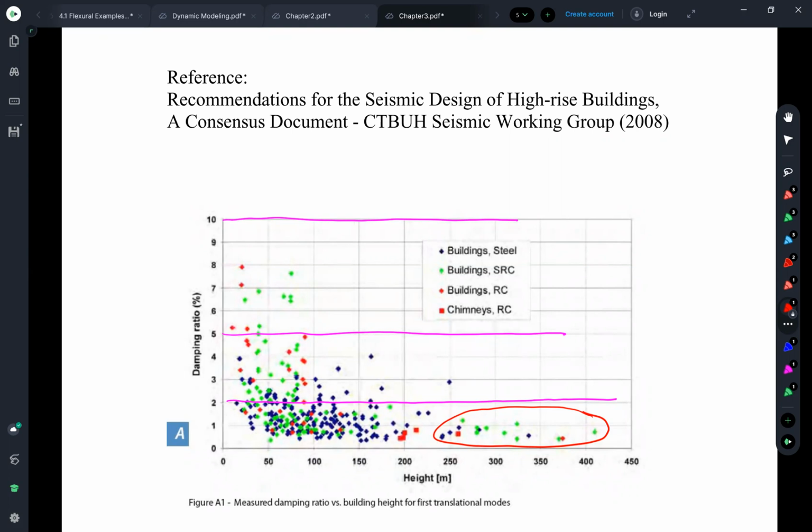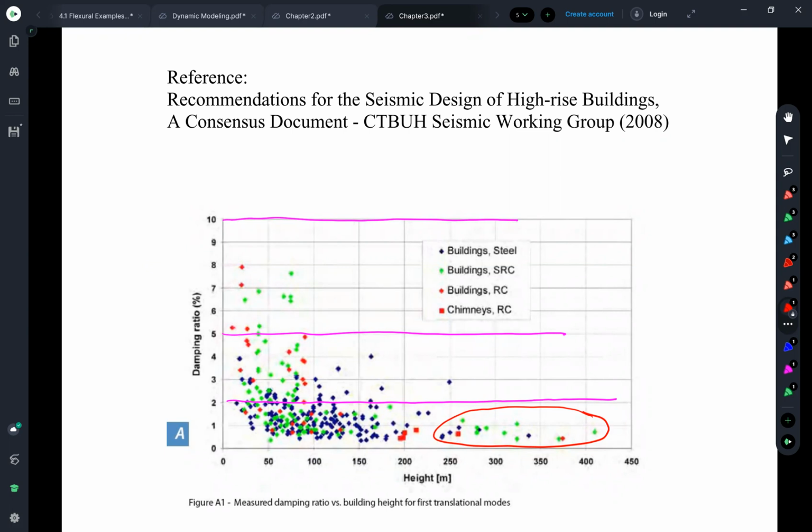The reason behind it is something like this. For the wind, if you're talking about the specific wind, it is small, so the motion of your building is not so large. That's why the damping is very small too. But when you consider the earthquake, most of the time when we design the building against the earthquake, we are talking about the extreme loading.